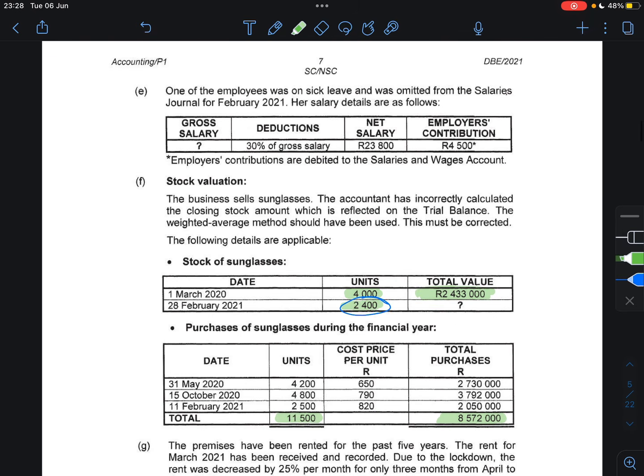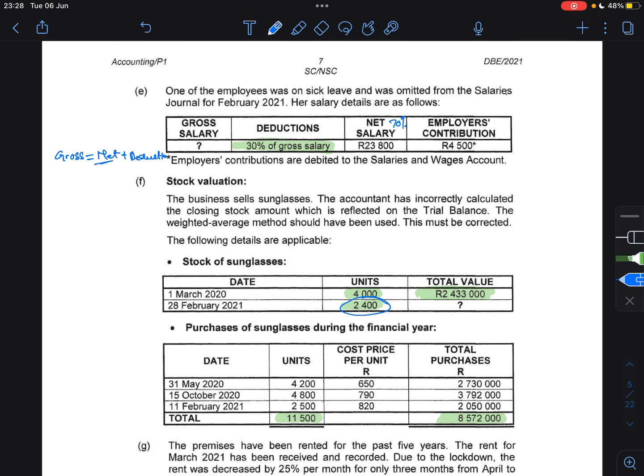All right, so number E, it says one of the employees was on sick leave and was omitted from the salaries journal for February 2021. Her salary details are as follows. Your deductions are 30% of the gross salary, which means your net salary is 70%, because your gross is equal to net plus your deductions.